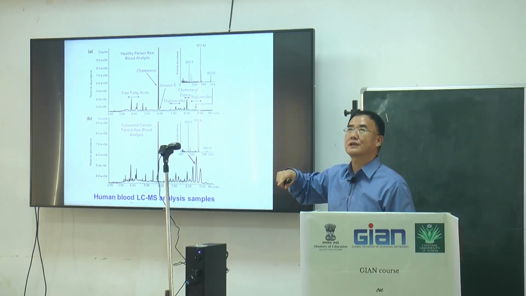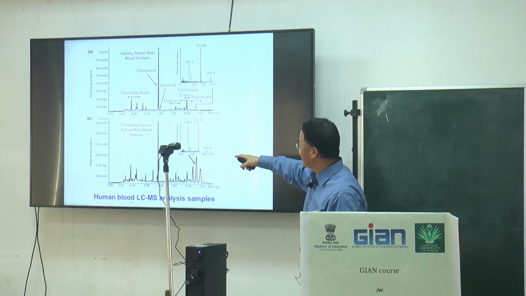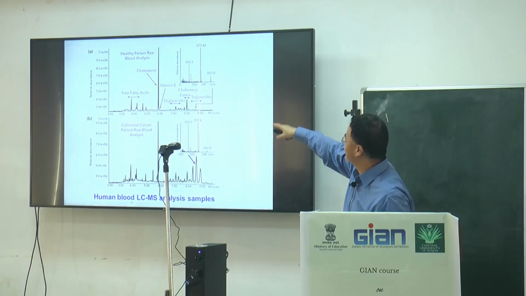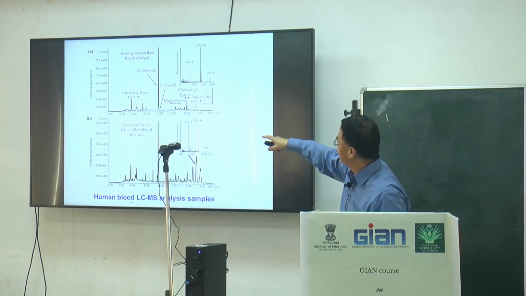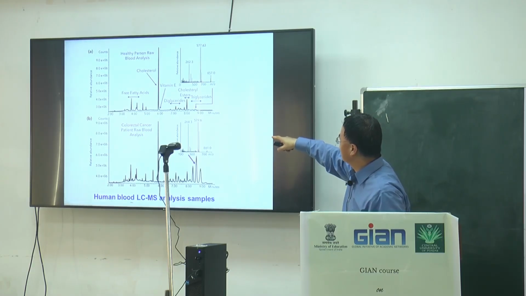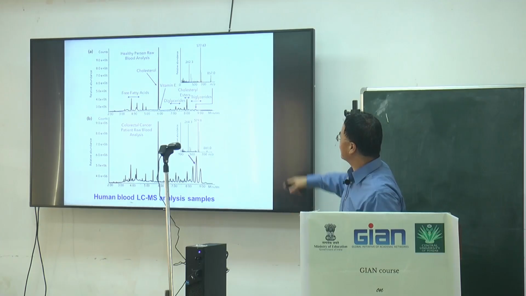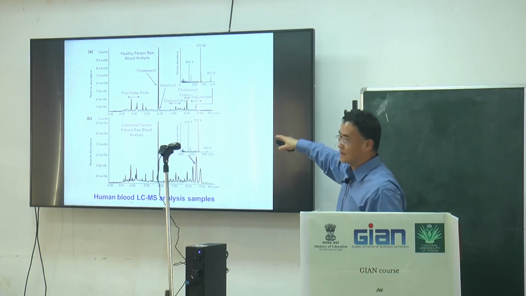They call it the plasma. You run it on LCMS. You can see those clouds for free fatty acid, vitamin E, and then diglycerol, cholesterol ester, or triglycerol.